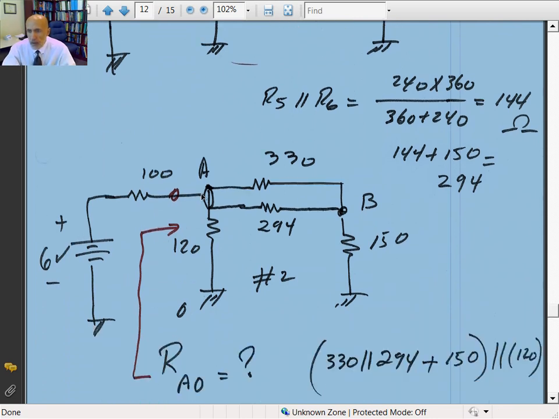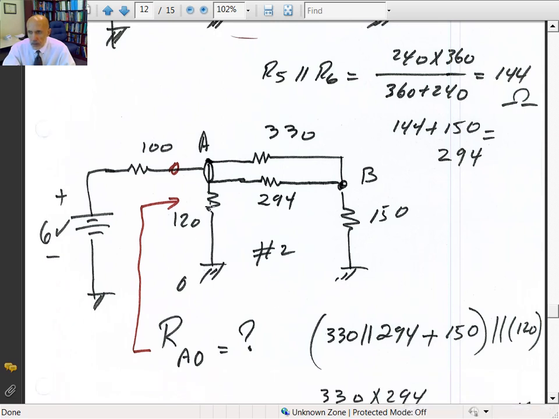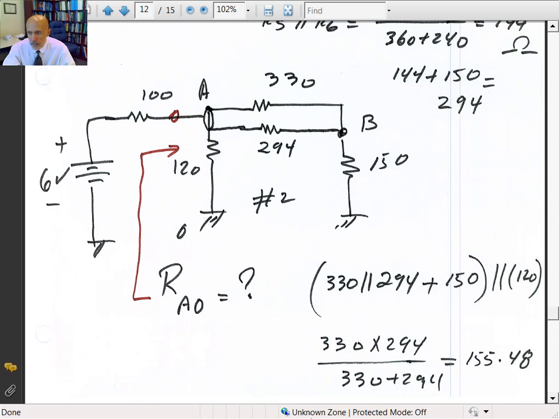If I look at RA to the ground, at the terminal right here, those two are connected in parallel, plus 150, and all of that is in parallel with 120. So I need to calculate a parallel combination here, add it to 150, which is connected in series, and then the result of these three is connected in parallel with 120.